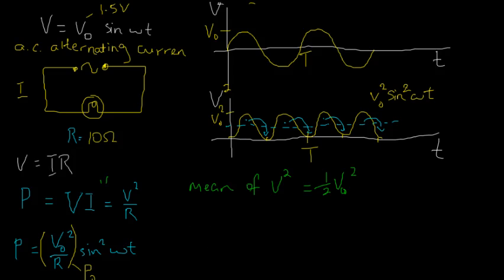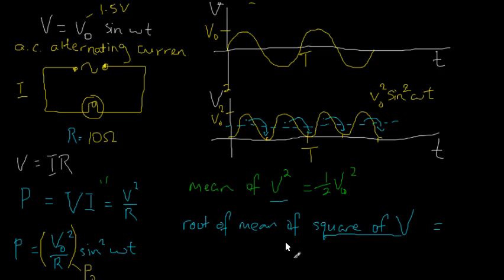Let me take the root of the mean of this V squared, which is the square of V. Okay, the square of V is just V squared. Now I'm intentionally writing this out in full because I want to explain in a moment the origin of this root mean square term.